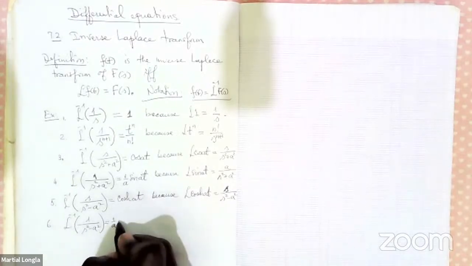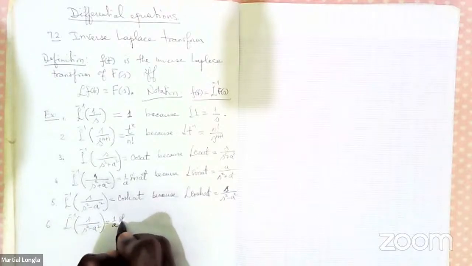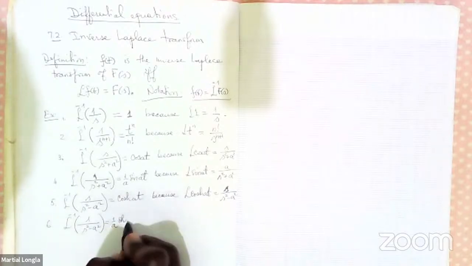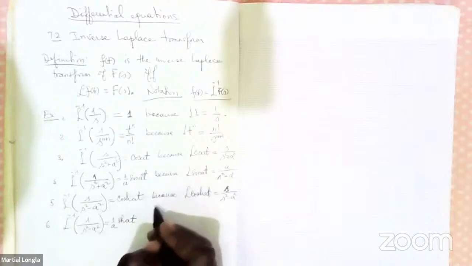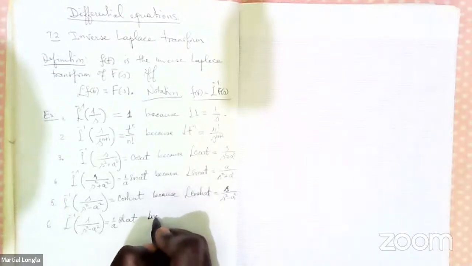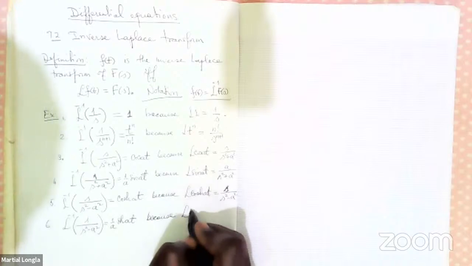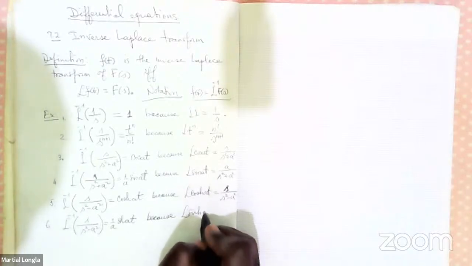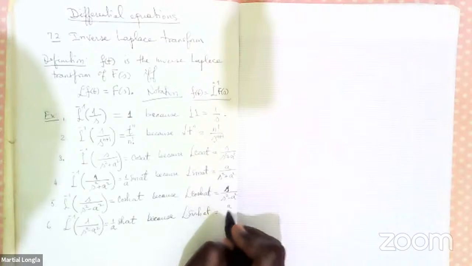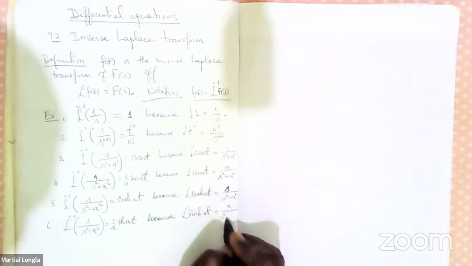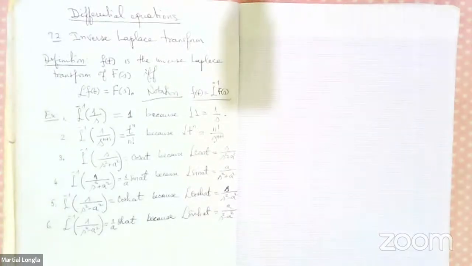So that's 1 over a sine hyperbolic of at. And that's because the Laplace transform of sine hyperbolic of at is a over s squared minus a squared. So that's technically how it works.